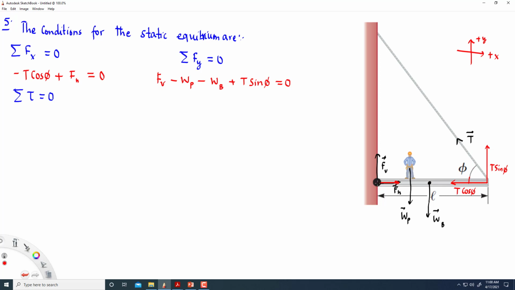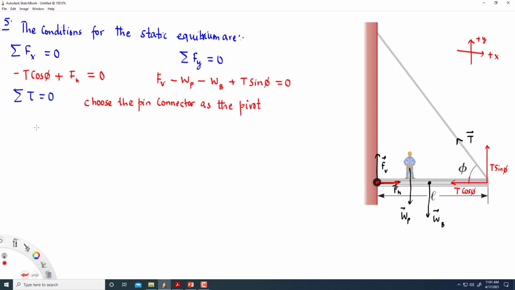But here we have two unknown variables, Fv and Fh. So if we choose this one, then we won't have to deal with the two unknown variables. Okay, so that's why we will choose this pin connector as the pivot.